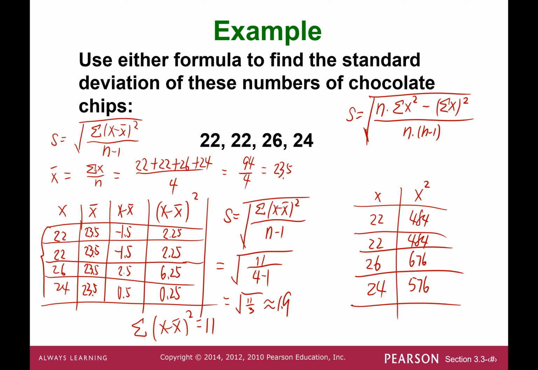And 24 squared is 576. In this formula, it's important to calculate the total summation of x. We did that already, it's 94. And let's sum up the square terms, the summation of x squared.